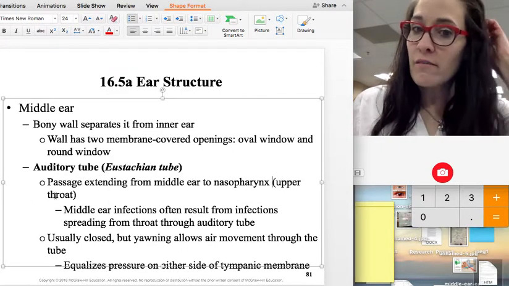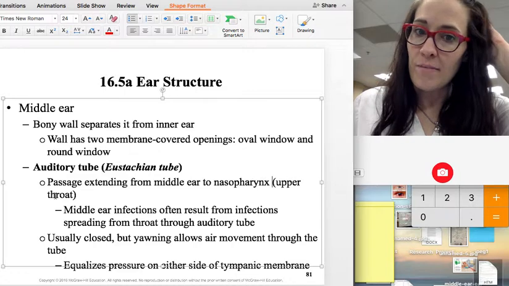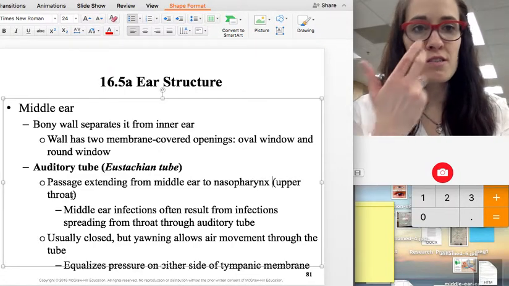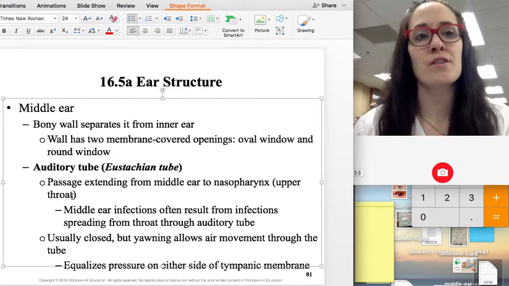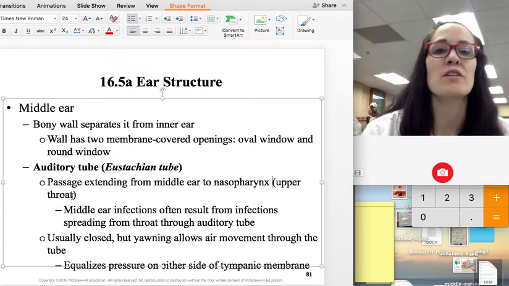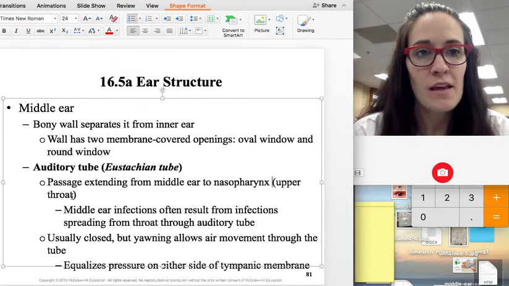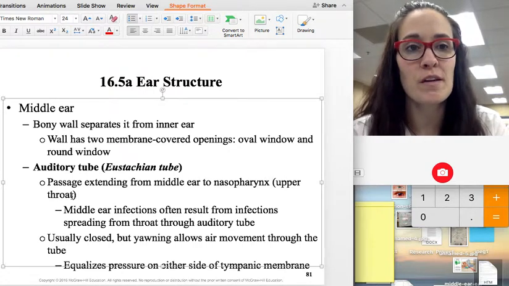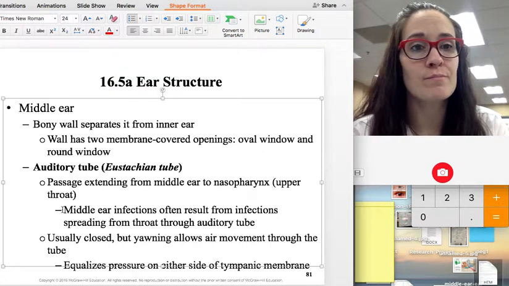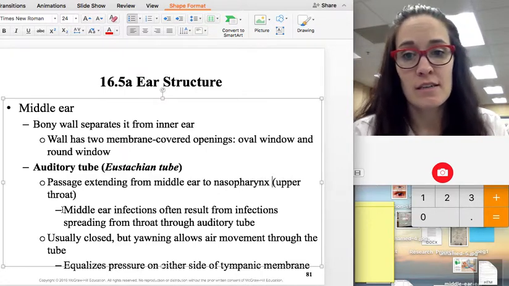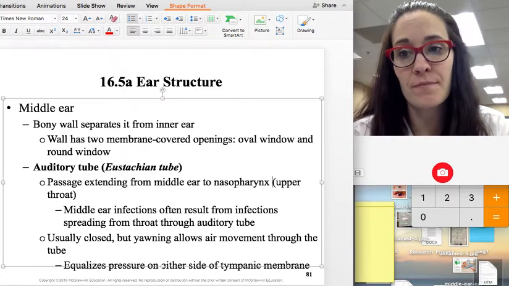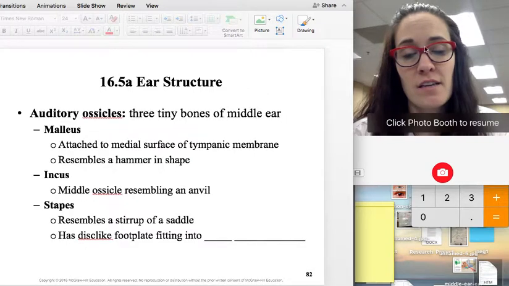When you have middle ear infections, they're called otitis media, and they usually result from infections in your nasal cavity that spread through the throat and up that auditory tube, and the fluid and the pressure will push on the eardrum. Like I said, that tube is usually closed, but yawning and chewing allow the air to move through it to equalize the pressure of the tympanic membrane.